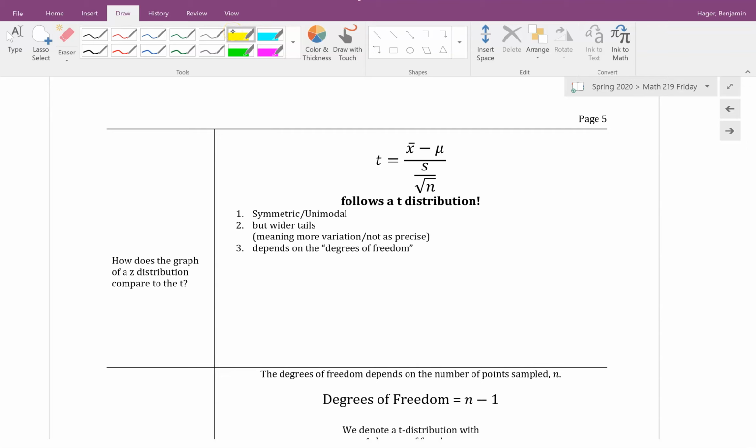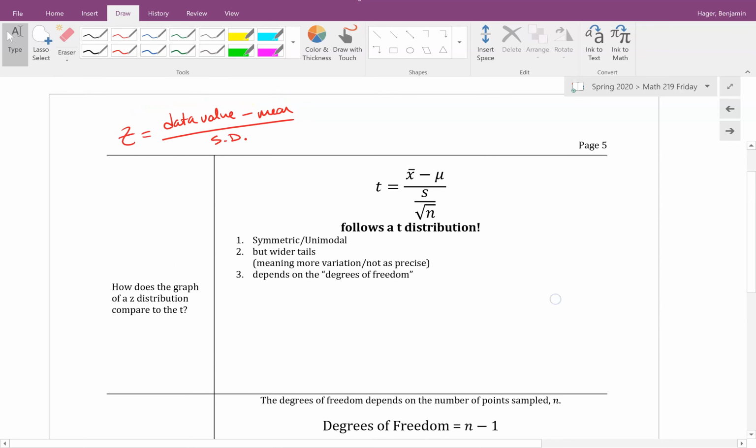So again, this is very closely related to a z-score, because a z-score, remember, is your data value minus the mean over the standard deviation. Now, again, we're talking about the distribution of sample means, so my data value is going to be a sample mean.